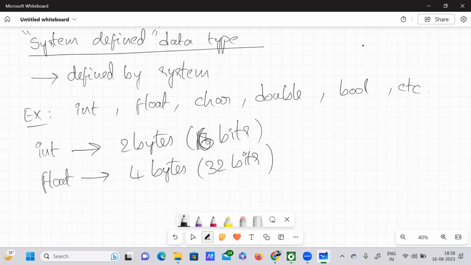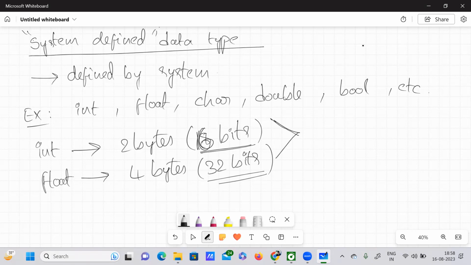But in reality, the number of bits that are allocated for each of the system defined data types usually depends upon the programming language, the compiler, and the operating system that you use.